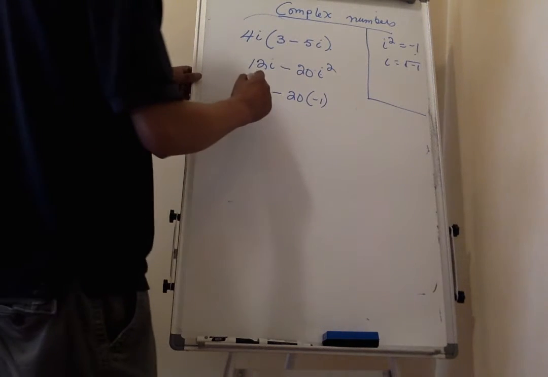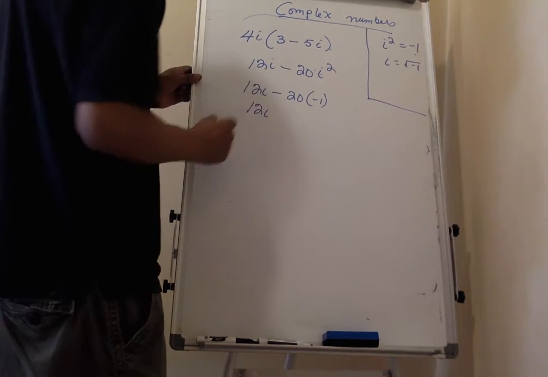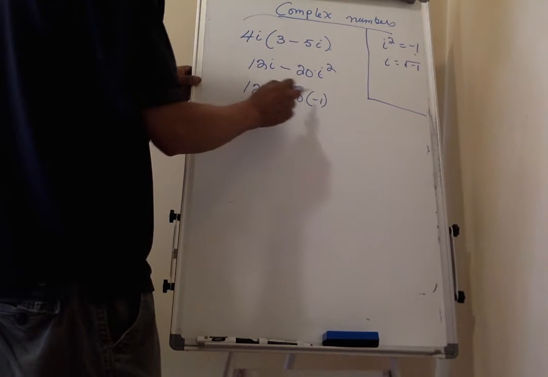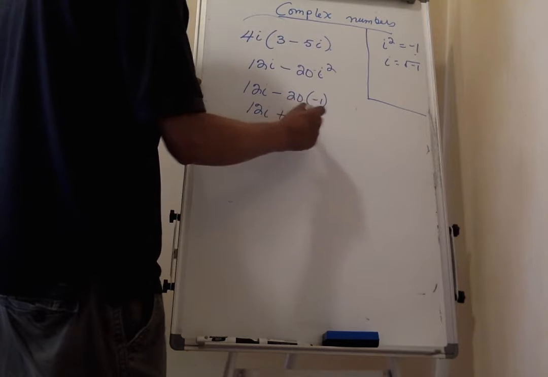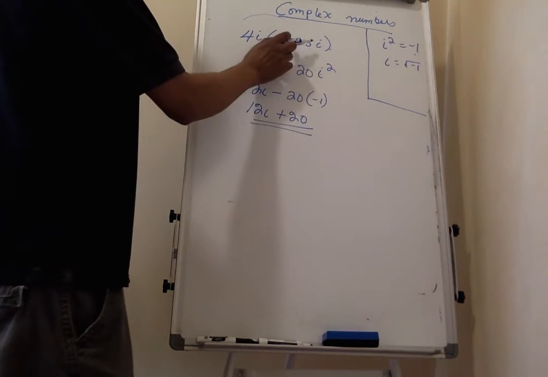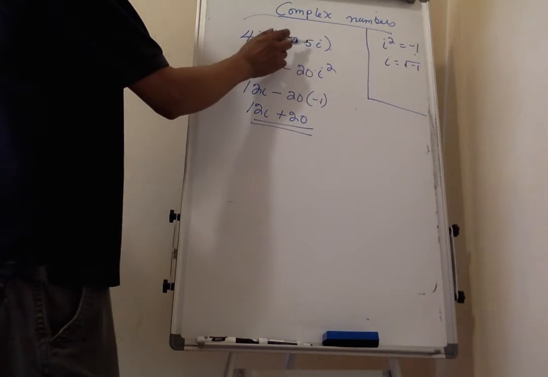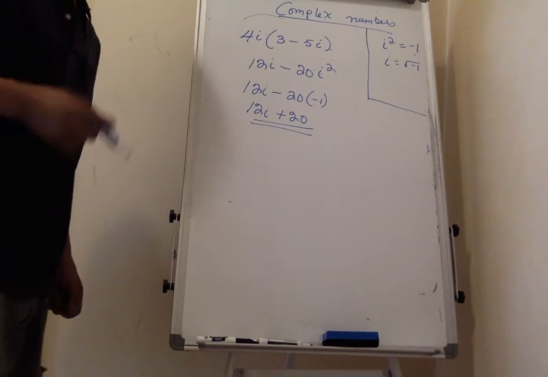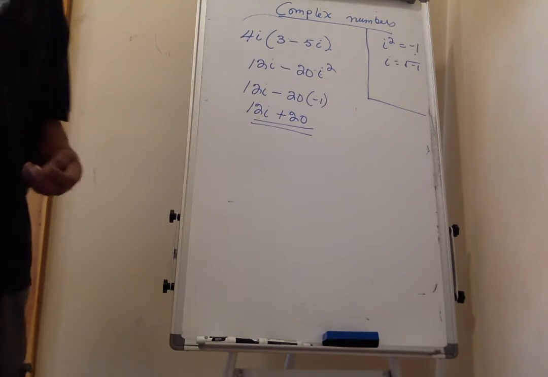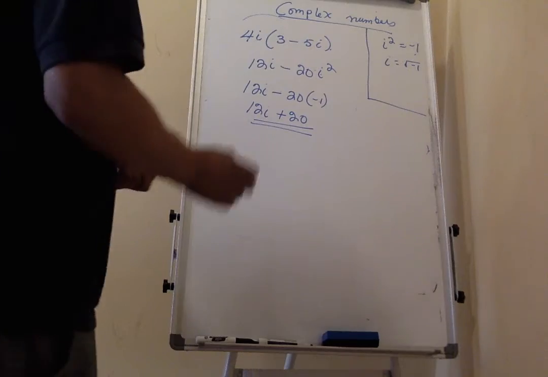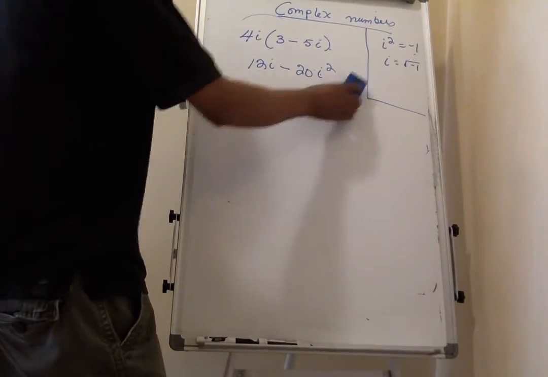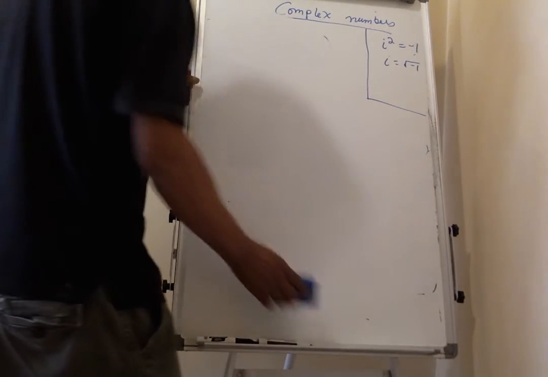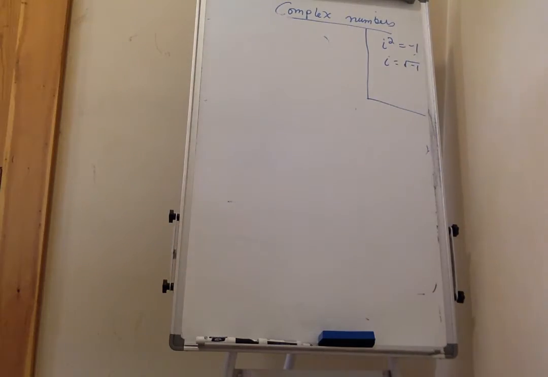Okay. So I'm going to put 12i. So minus times minus gives me plus, and you end up with 20. Look. If you multiply a complex number by another complex number, you end up with a real number. So that's the idea behind this exercise. Okay? And if you multiply a real number by a complex number, it ends up being a complex number.